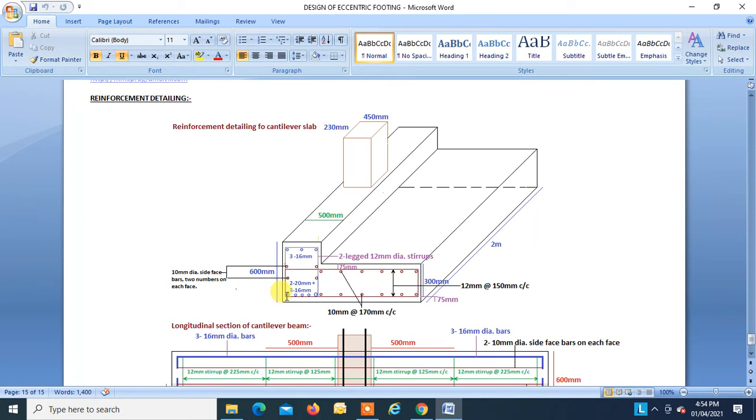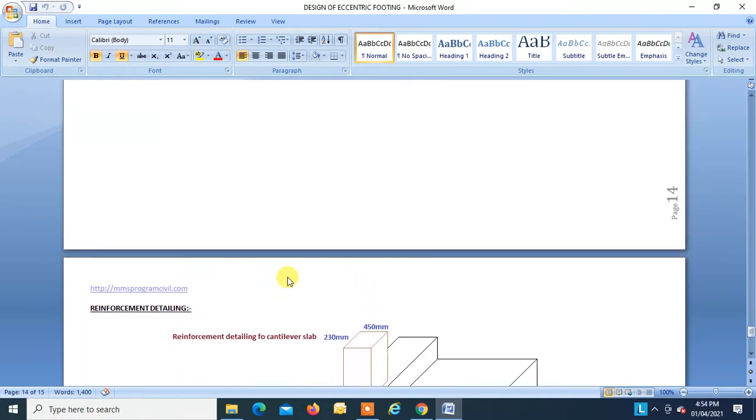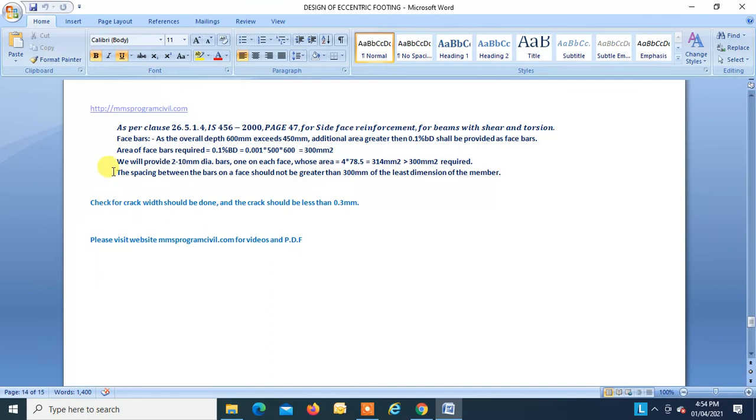Once again I explain to you, whatever steel we are providing on the periphery, whether it is the stirrup legs or the longitudinal steel or the face bars, this steel will only take active part in resisting the shear due to torsion. That is why we are providing the face bar over here. This face bar also helps in minimizing the crack width on the side. So on the face, that helps in both ways.